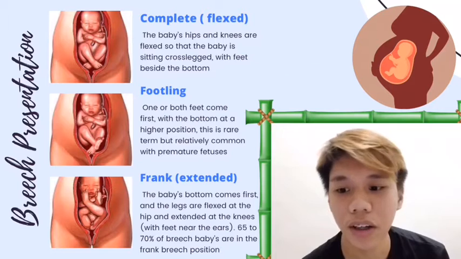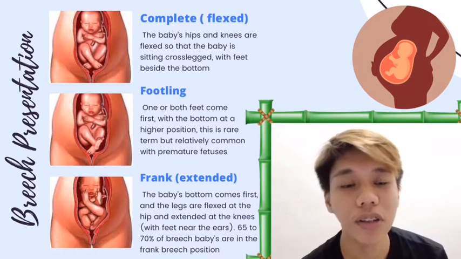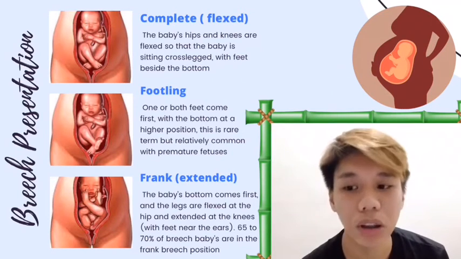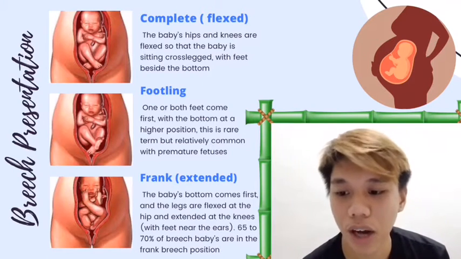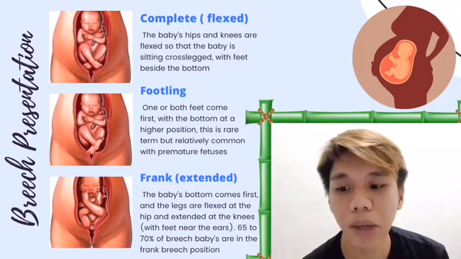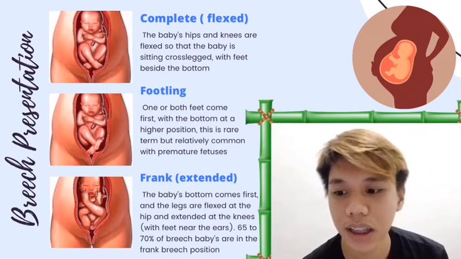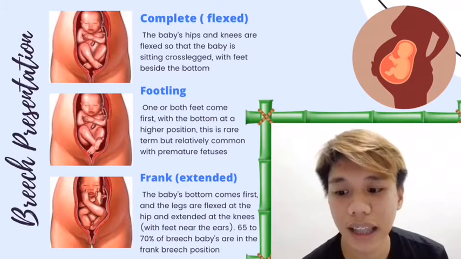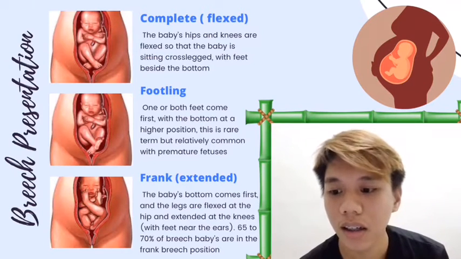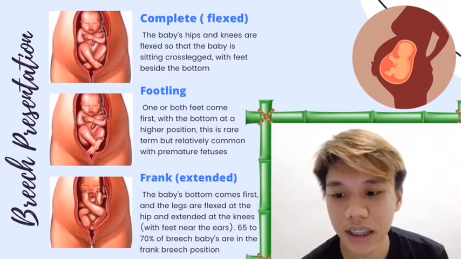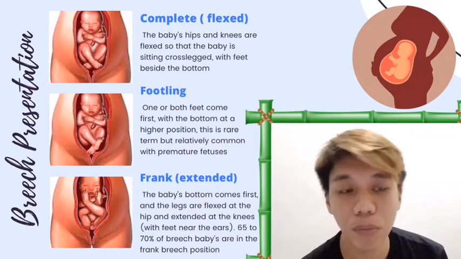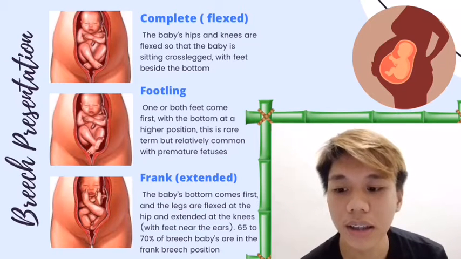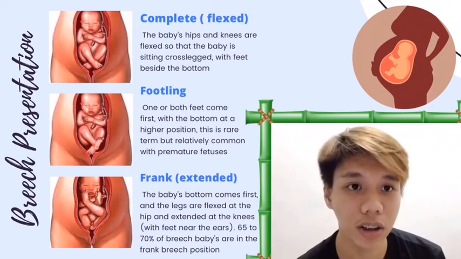This is a rare type but relatively common with premature fetuses. So third is frank extended. The baby's bottom comes first and the legs are flexed at the hip and extended at the knees, with feet near the ears. 65 to 70% of breech babies are in the frank breech presentation.